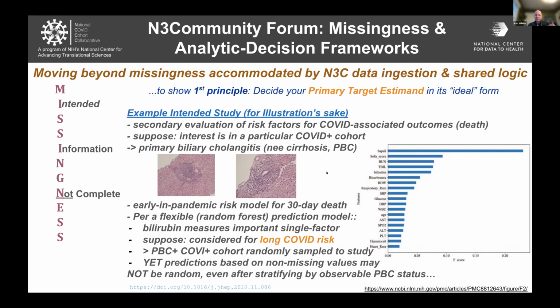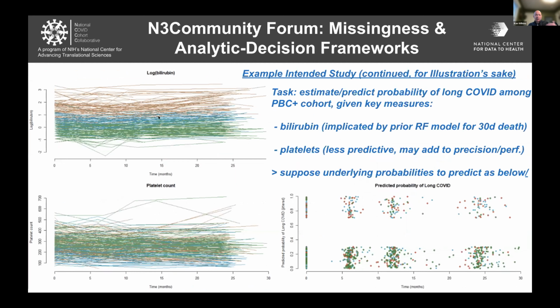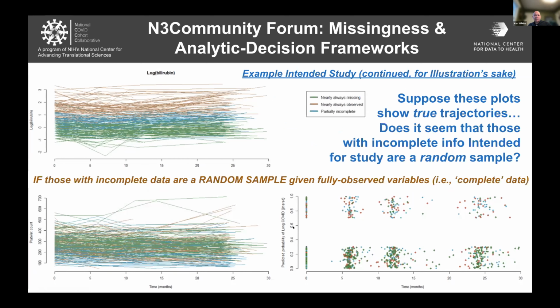If I color by the amount of missingness, the ones that are always observed tend to be higher values of, say, bilirubin, so you're probably going to get biased inferences and biased estimates of prediction of something that's currently of interest, like long COVID. But you may be able to make use of other variables like platelets, given the mixture that's more in the lower left, to try to appeal to missing at random assumptions, right?